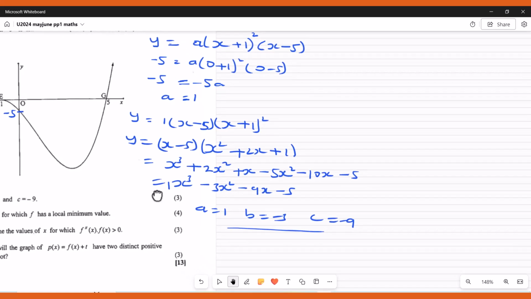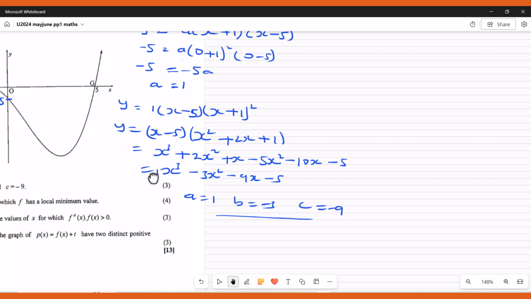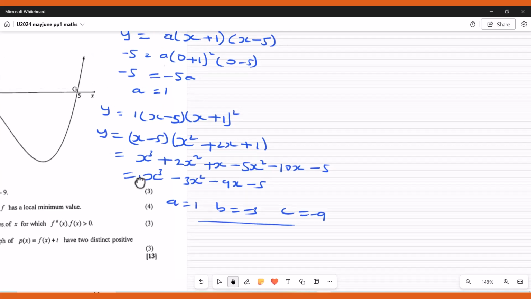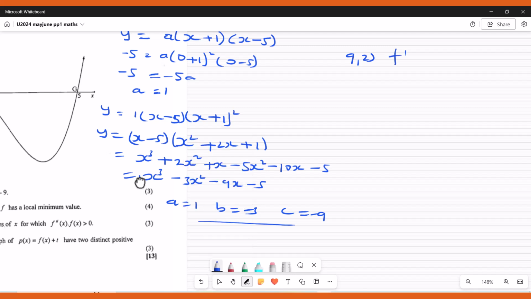Now that I have my function, for 9.2 my f derivative must be equal to 0.